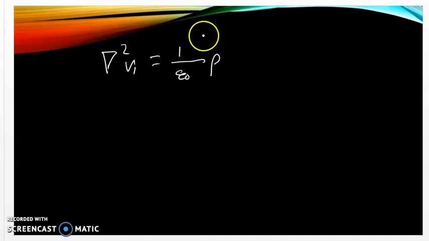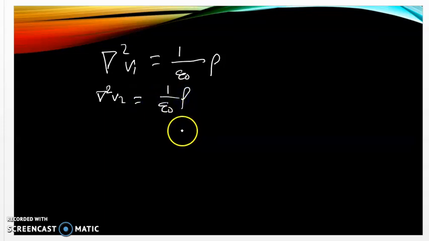Let's call this the first boundary. Let's go to the second boundary: del squared V2 is also equal to 1 over epsilon naught multiplied by rho.